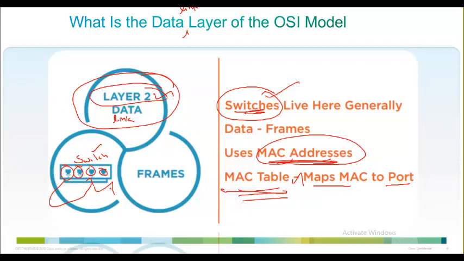Now, in layer 2, our data has a new name called frames. When you give a MAC address to your data, from where it is going, to where it is going, our data will be called frames.